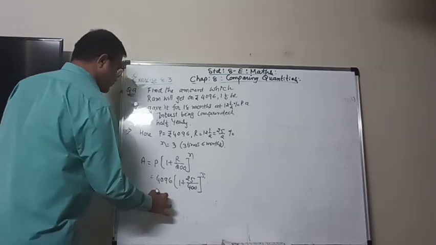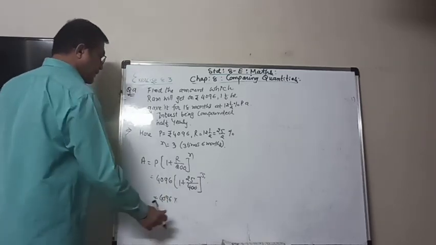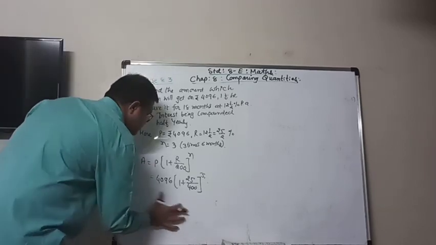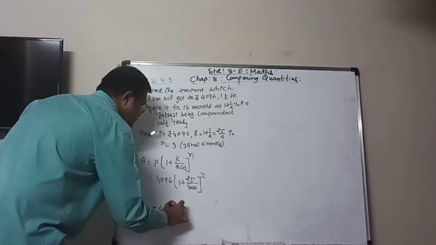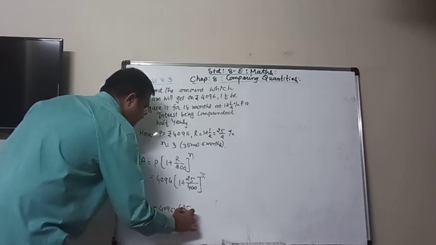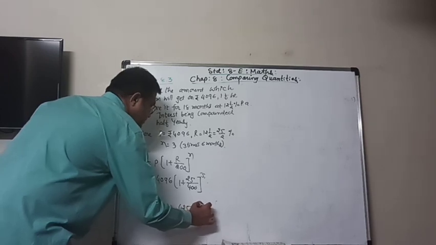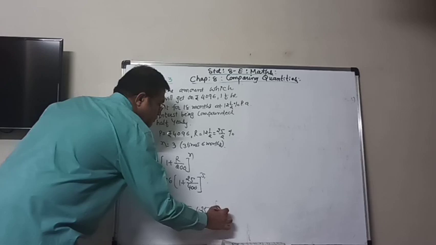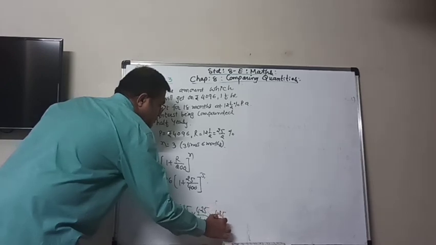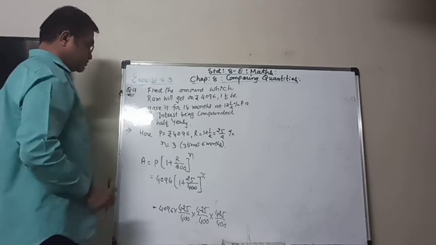So 4096 multiplied by 425 upon 400, 3 times. Now we have to do the cancellations.